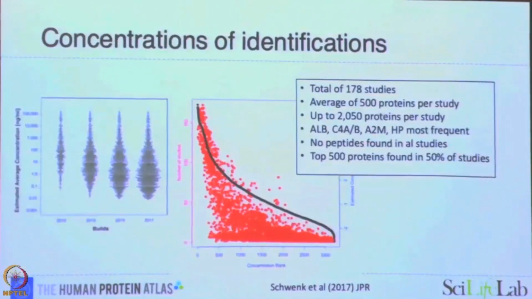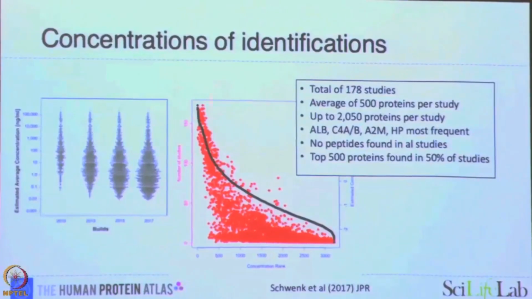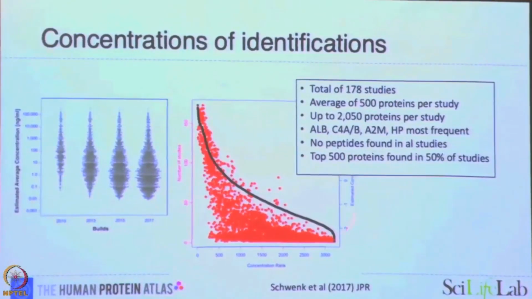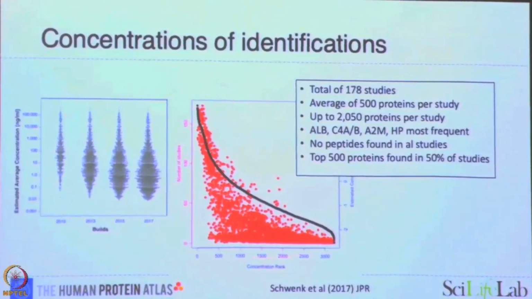And that brings me to the next point: if you look at the concentration distribution, this is basically the rank based on abundance, and this is the number of times we actually observe this protein in one of the 150 studies we looked at.